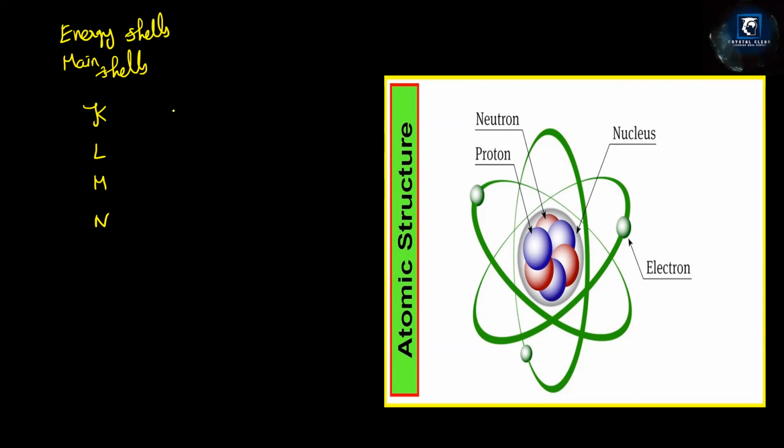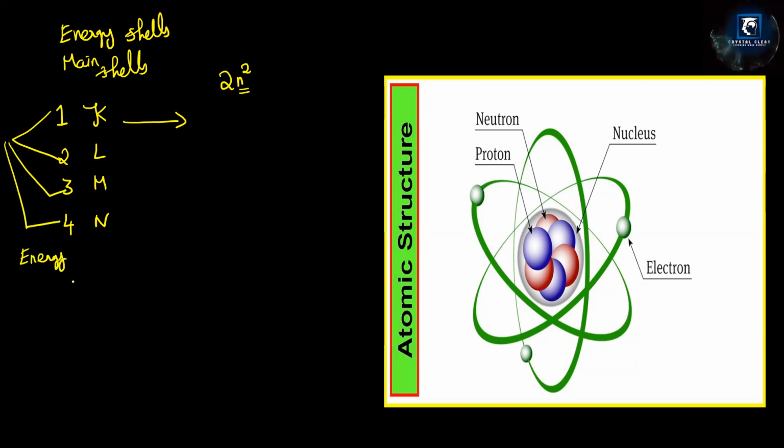According to the octet rule, how many electrons should be there? It is given as 8, right? And generally there is a formula, 2n squared. Here n is nothing but the number of the shell. How many shells? This is first shell, second shell, third shell, fourth shell. We call this the energy level. So 2 into 1 to the power 2 is nothing but 2. 2 into 2 to the power 2 is nothing but 8.